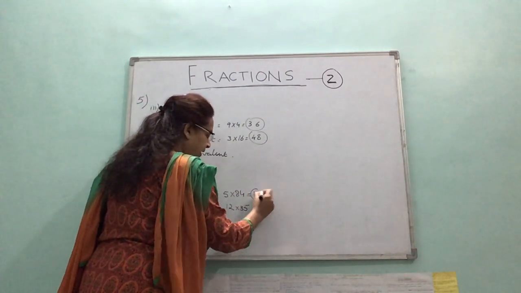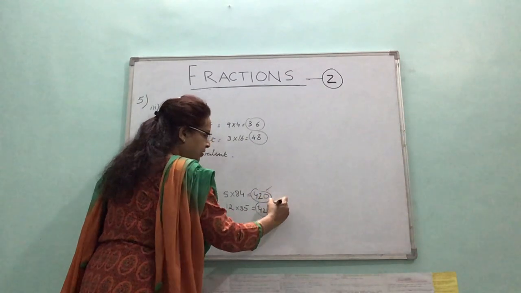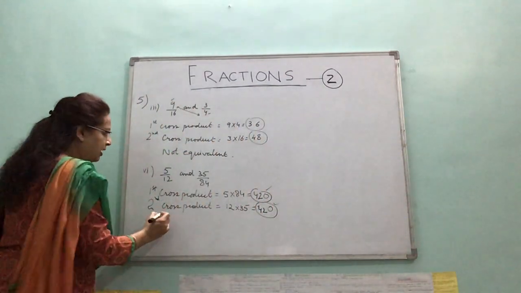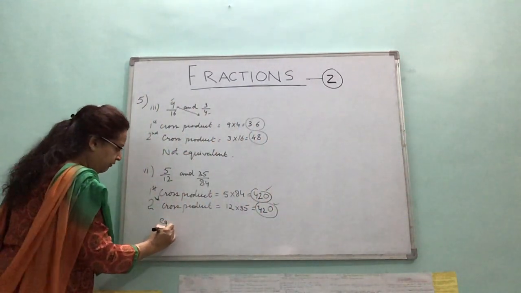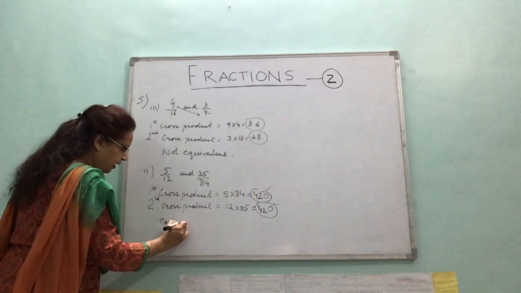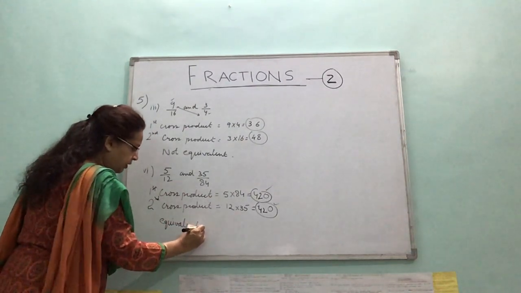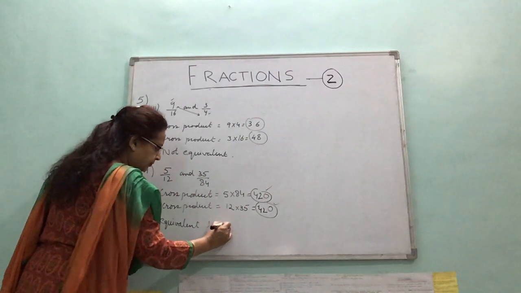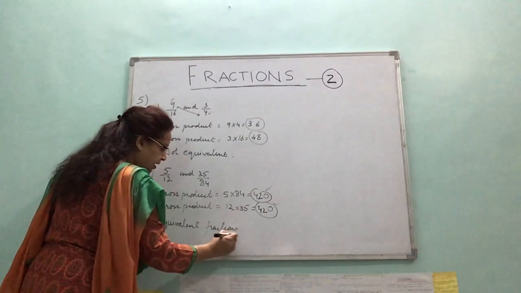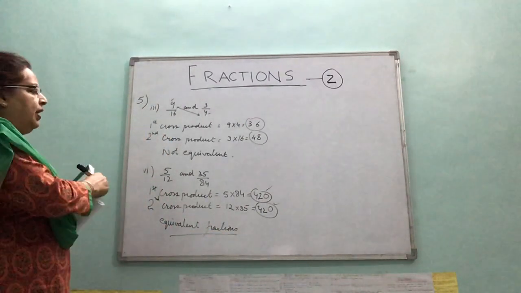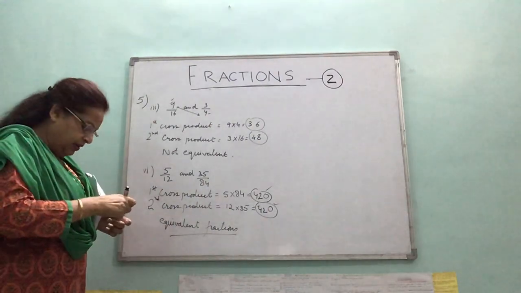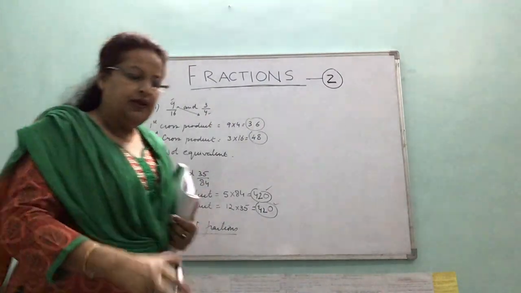Alright. Now in this case, both are same. So yes, they are equivalent fractions. What is your answer? Equivalent fractions. Got it? Alright. So in the same way you will do the remaining questions of this part.